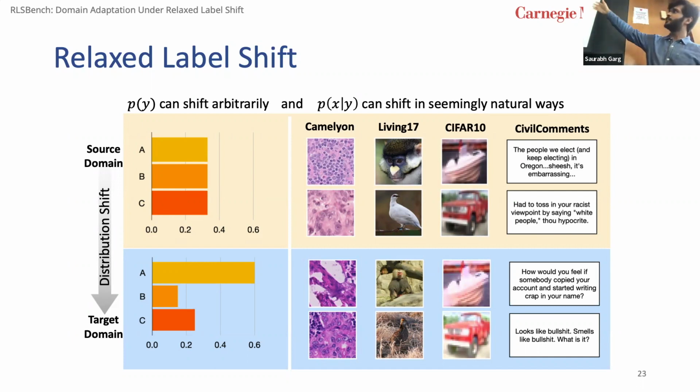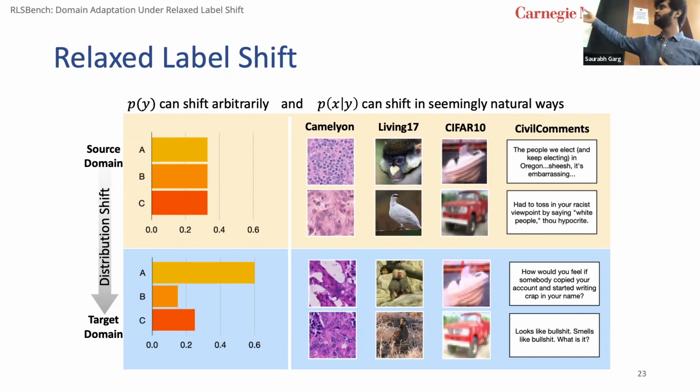There can be different types of naturally seeming shifts. One such is in Living17, where the distribution of P of X given Y shifts to have different subpopulations. That is, the populations of, for example, apes may have class A and B, whereas in test, you may have class C and D.